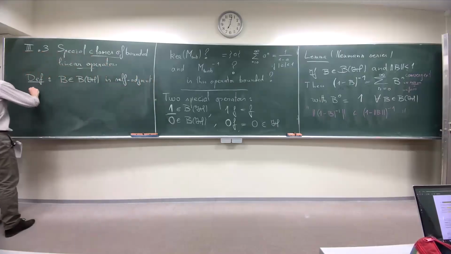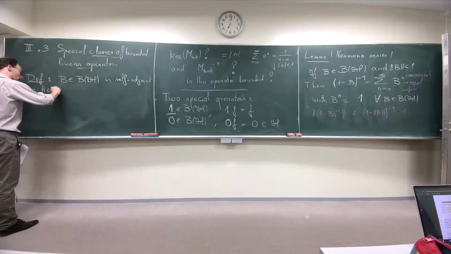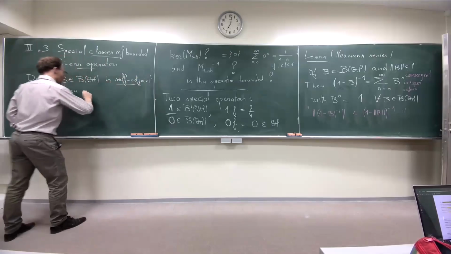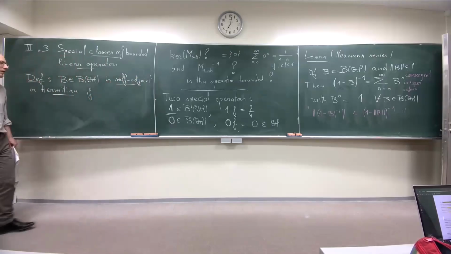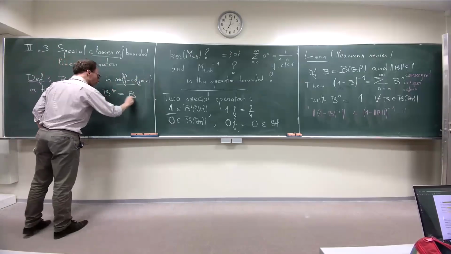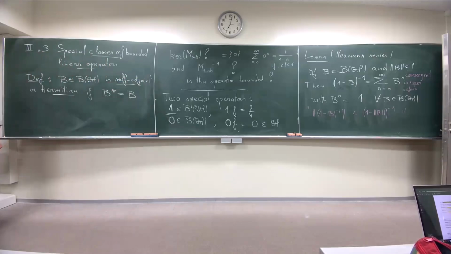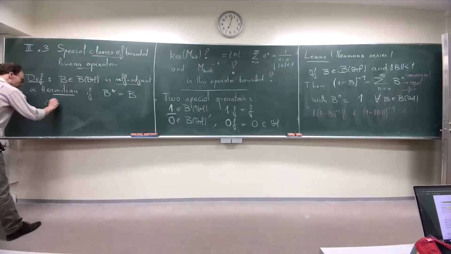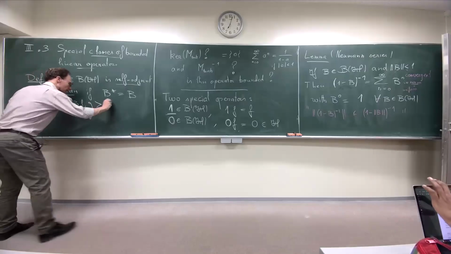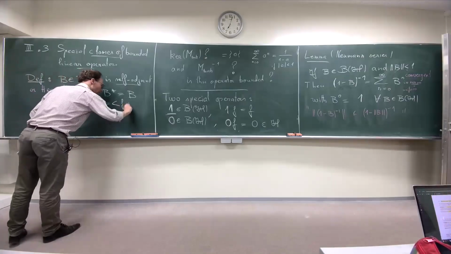Is self-adjoint or Hermitian if B star is equal to B. And I introduced everything. B star is the adjoint, and so it's called self-adjoint if B star is equal to B, which means that BFG is the same as FBG.